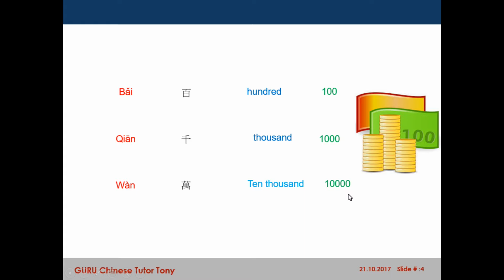That is 万. Let's review one more time: 百 is 100. 千 is 1,000. 万 is 10,000. And in the end, 一万, 10,000.